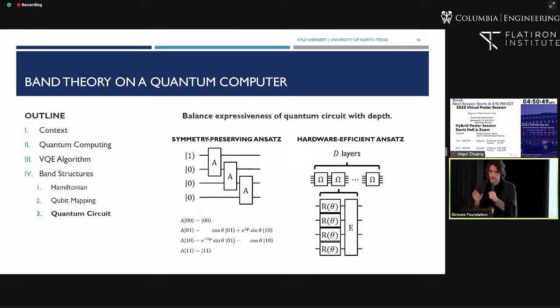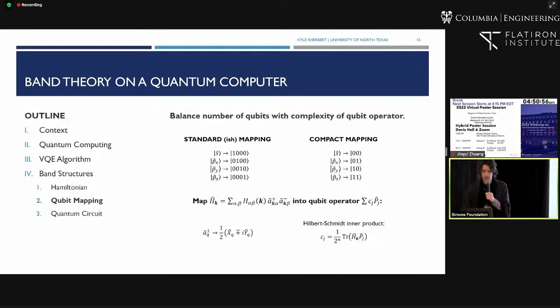That is, I have decomposed my system in terms of just, here, I'll go back for a second, just these 4 basis elements.